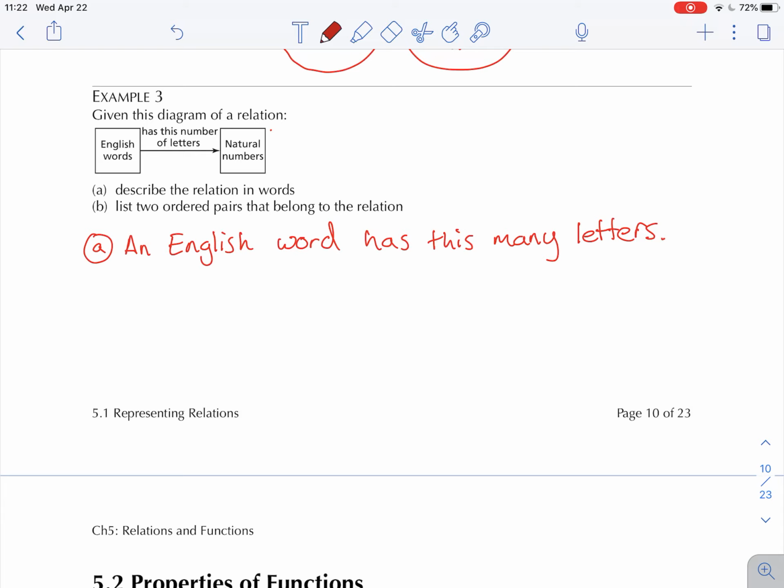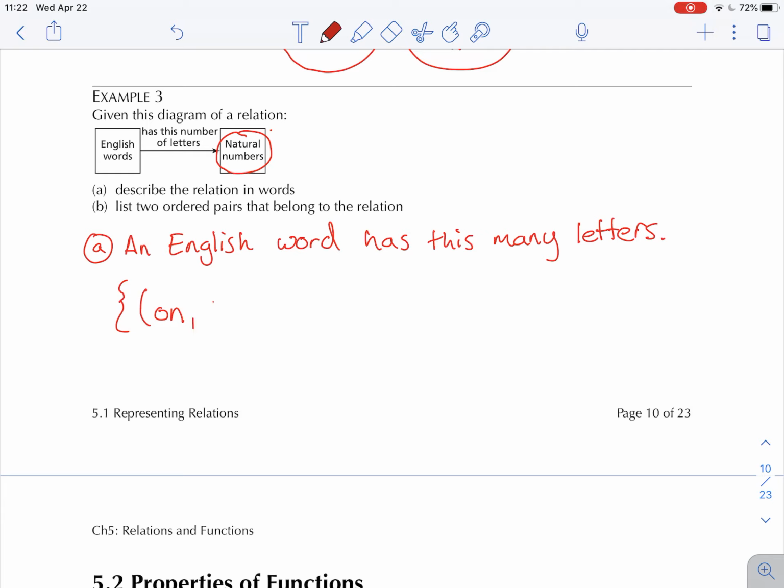And the relationship is how many letters there are in the word. Now they write down that this is the natural numbers here because you can't have a negative number of letters in an English word or a decimal number of letters in an English word. So it is just natural numbers 1, 2, 3, 4, 5. You can't even have 0 letters in an English word.